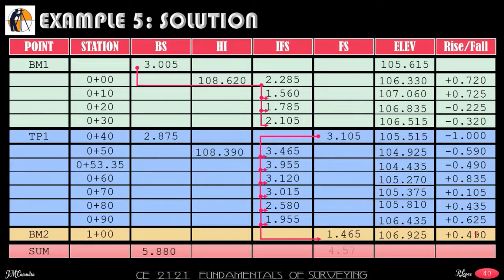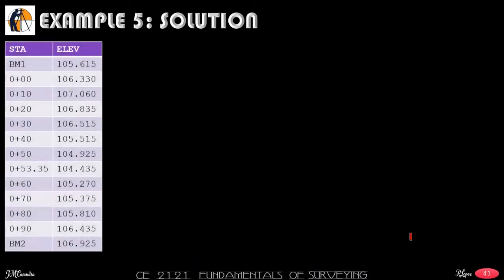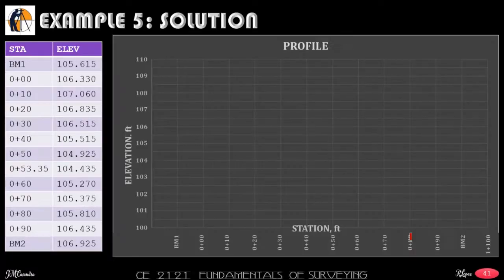So for our summation of backsides and foresights, you can check again for our arithmetic solution. You simply take the difference of backside and foresight and the difference in the first and last elevations. So they should be equivalent. So for our profile, from our computed elevations, we can now graph our section.